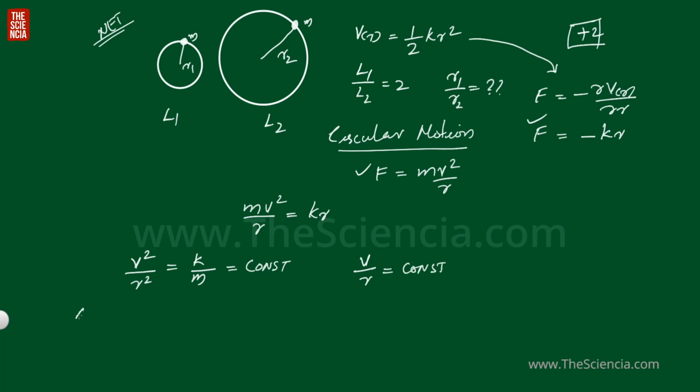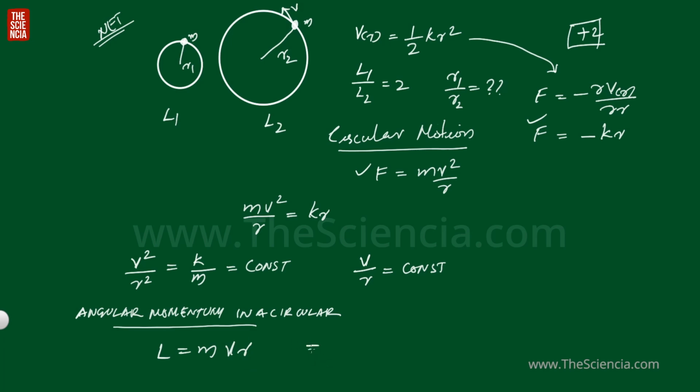Now we know about angular momentum. In a circular motion, we know L equal to mvr. That is, if this mass is moving with a velocity v and this is r, then it will be mvr.